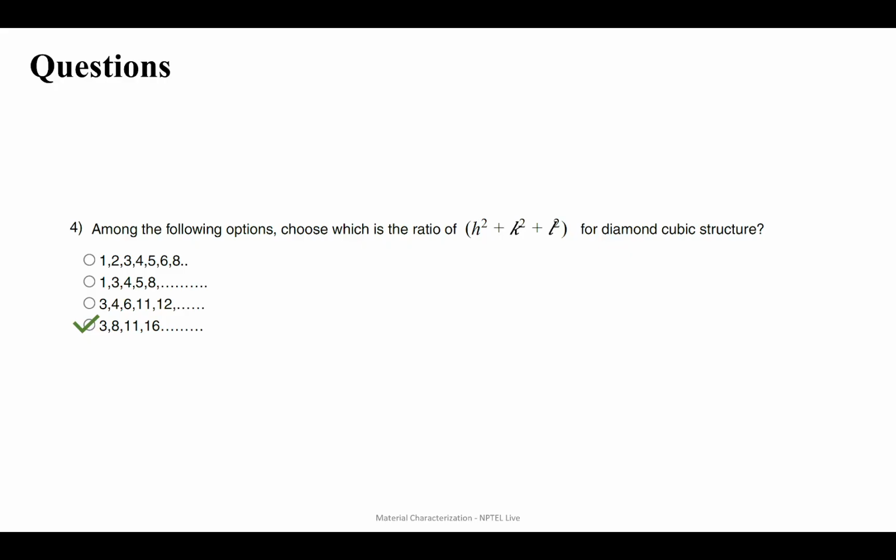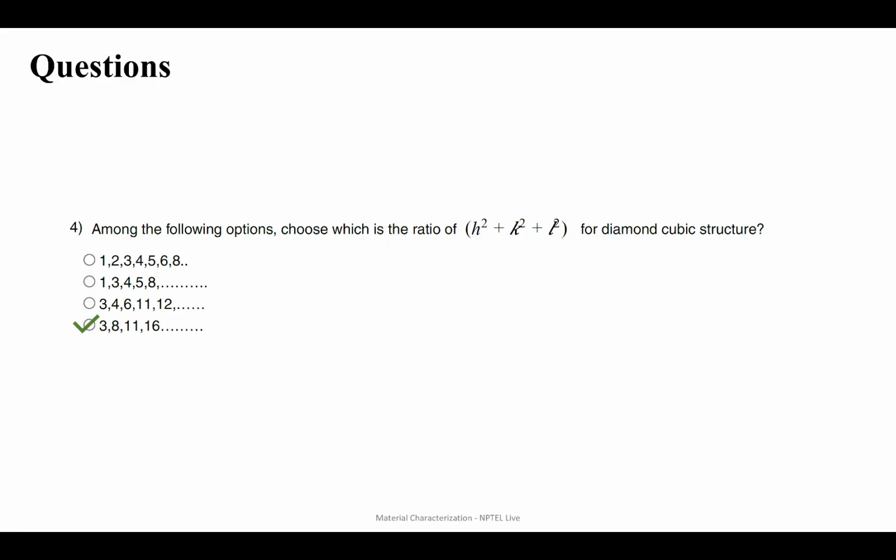Let's say 1, 1, 1. It cannot have mixed values. So the first possible value will be 111, and 111 is all odd, so it will be accepted. 1 square plus 1 square plus 1 square will be 3, so 3 is accepted.